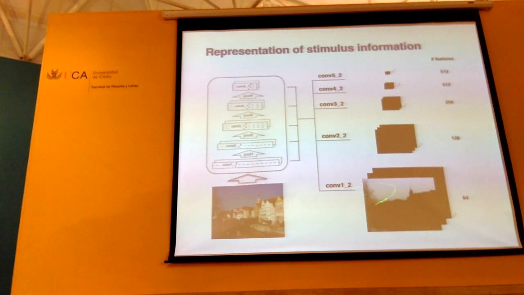The second number is then which layer you are in between these pooling steps. In the first layer you have 64 feature maps, then 128, 256, 512, and in the highest, the conv5 layers, 512 feature maps.